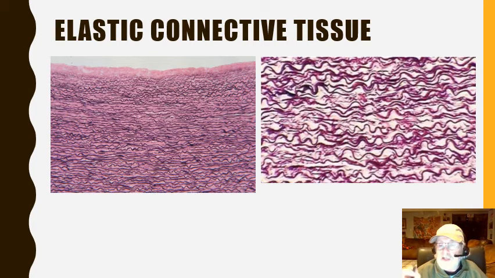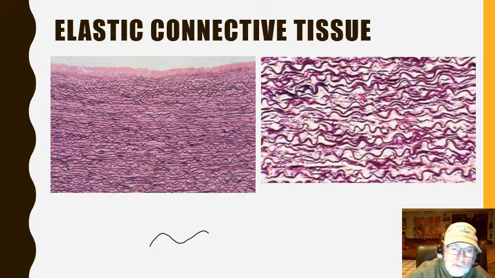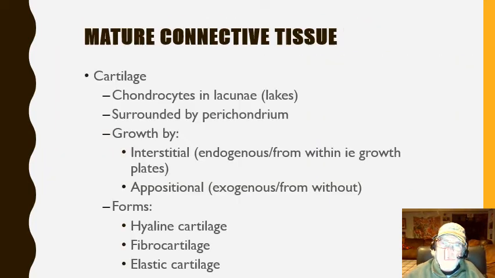That's all those fibers. Because they are wrinkled like that, if I pull this way and I pull this way, what does it do? It straightens out. So that allows the elastic connective tissue to stretch in areas where we need a little bit of stretch, like arterial walls and airways.